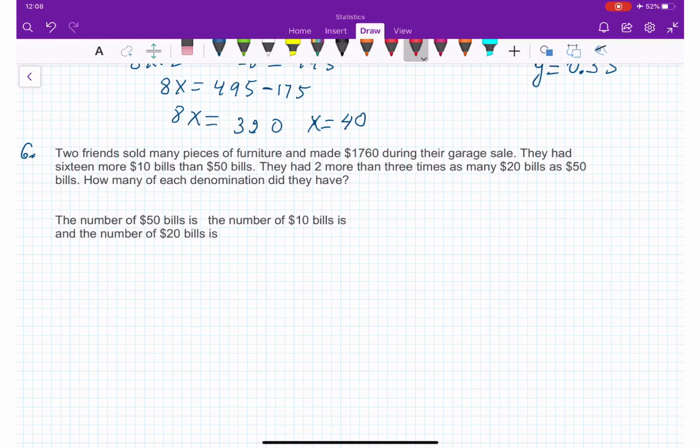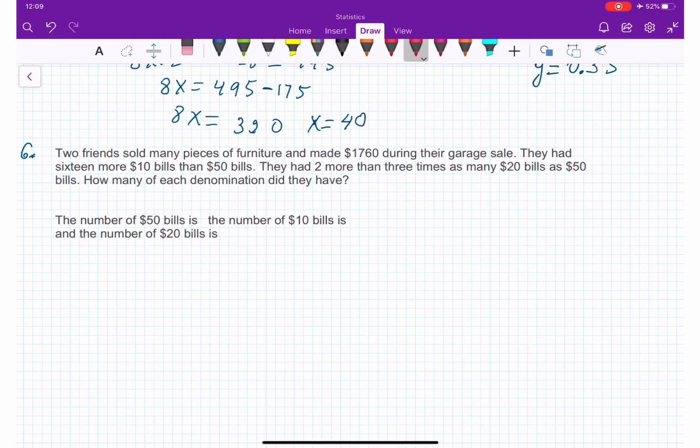How many of each denomination did they have? Okay, let's start. So first of all, how many of each denomination?